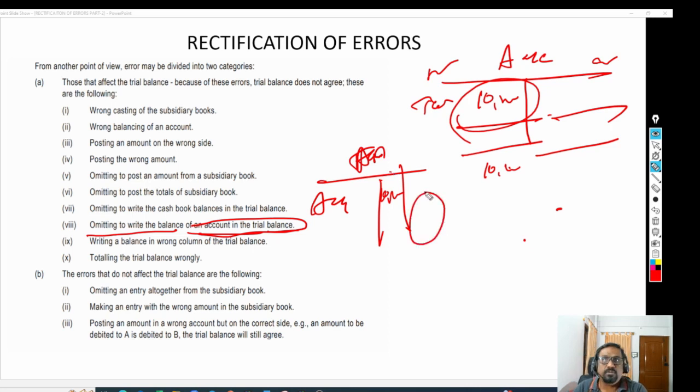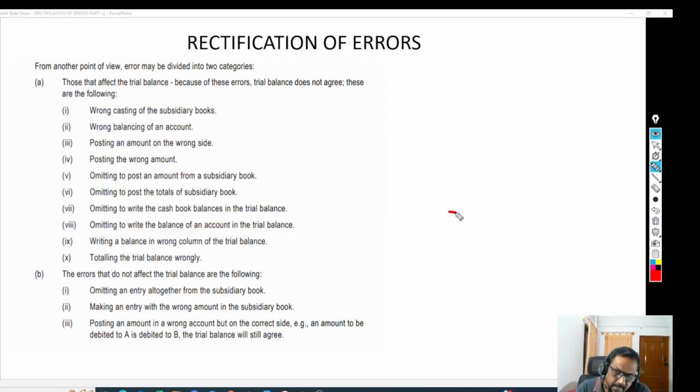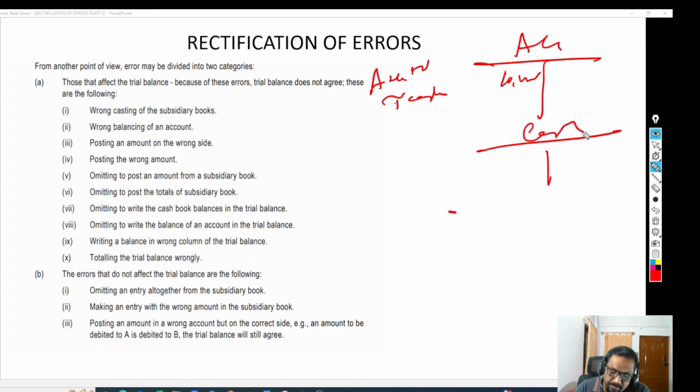That is where we generally make a mistake. When we make the payment, see, simple example. I'll take the same example. Let us say I paid cash to A. A account to debit to cash account. So A account will be showing 10,000 debit, and cash account would have been reduced to the extent of 10,000 on the credit side.